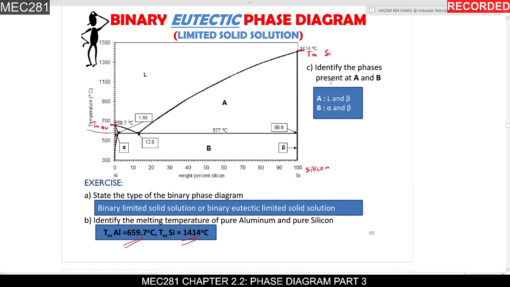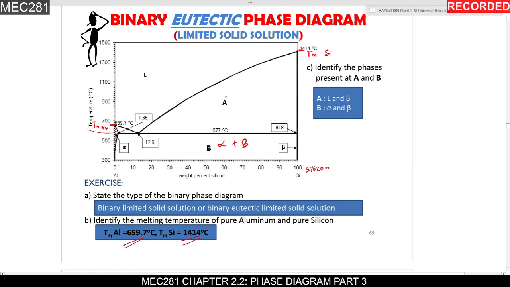Identify the phases present at A and B. So A, we know that it is between the liquid and the solid. Okay, so solid here we have alpha and beta, where alpha may be represented by the aluminum or beta represented by the silicon.